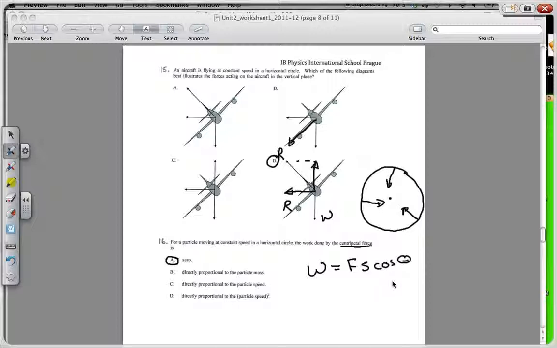Using the same diagram, the circular motion is going like that, and this is the force, so it's always 90 degrees to the direction of motion at any time. We know the cos of 90 is 0, so it's going to be 0. There's no actual work done, because there's no movement in the direction of the force. The movement is always at right angles to the force.